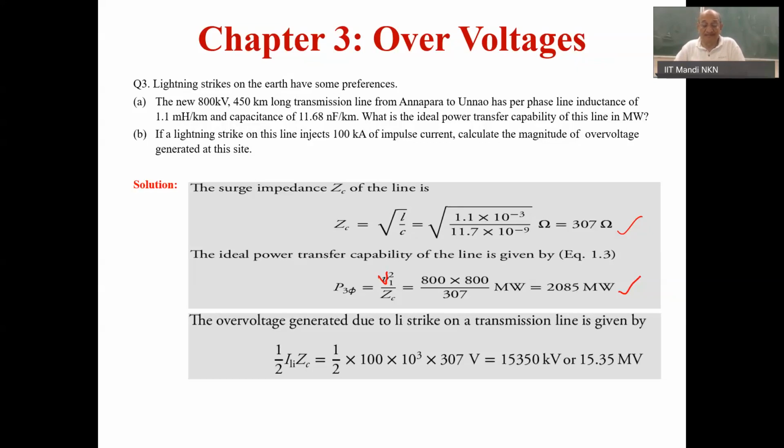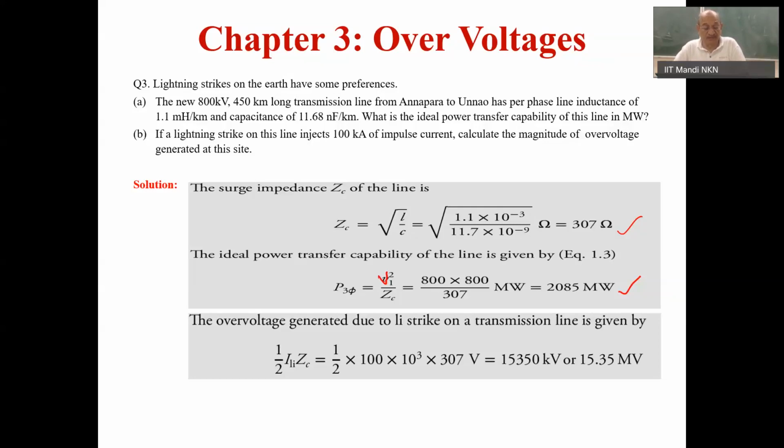We can increase the power handling capability of the same line from 2085 megawatt to a great extent, something like easily 25% by making compensation for the various types of powers. But this is considered to be the ideal loading.